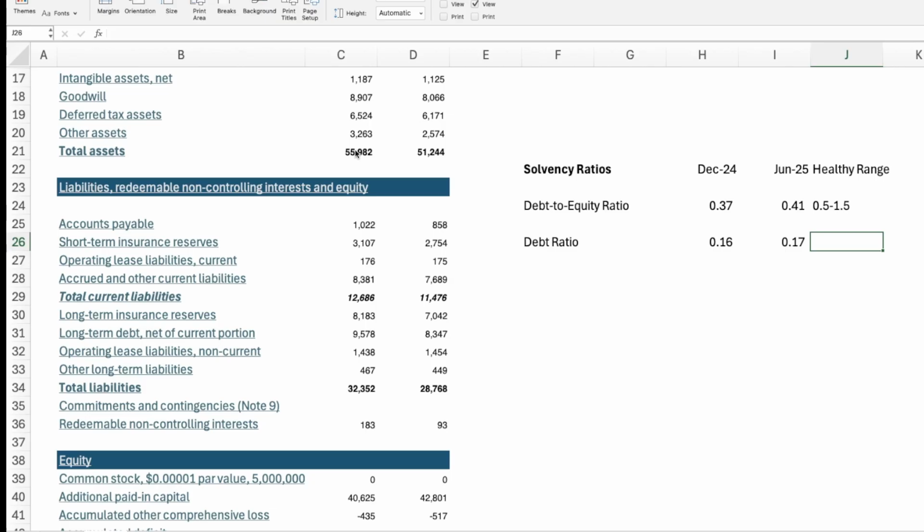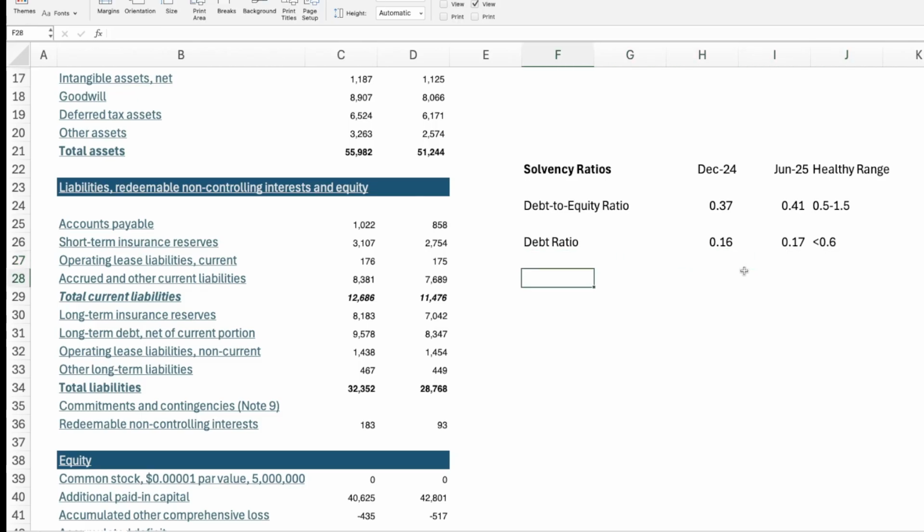There's not really much debt on Uber, so it's a low figure. It's got a lot of room to run. A healthy range, we would probably say less than 0.6. If it was any higher than this, we would say this company is overly reliant on debt.